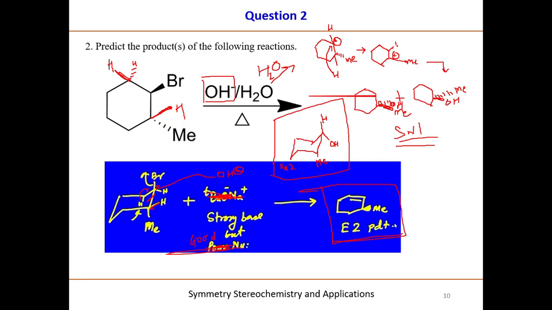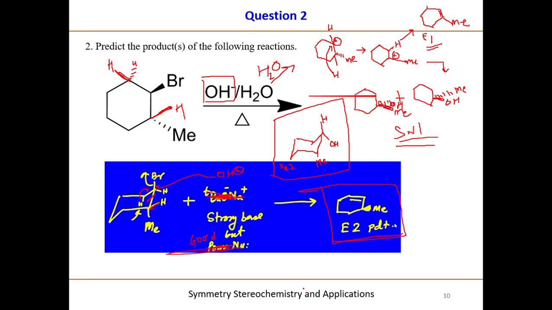It will abstract the proton and the double bond formation takes place with the elimination reaction. So this will be the product given by the elimination reaction. Done.